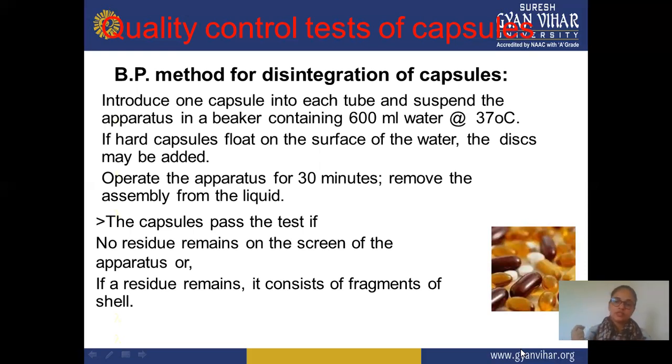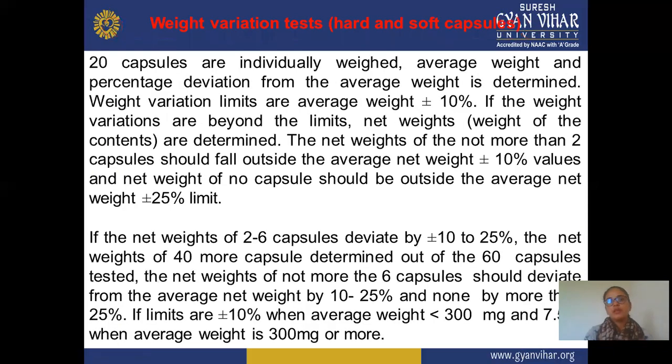If some residue is present, then maybe your test has failed. If the residue is a fragment of the shell or hard gelatin shell, then there's no problem, but your formulation should completely disintegrate. It should not contain any material for passing the test. So this is regarding the disintegration test according to the pharmacopoeia.